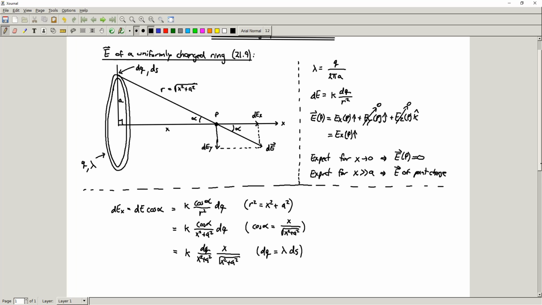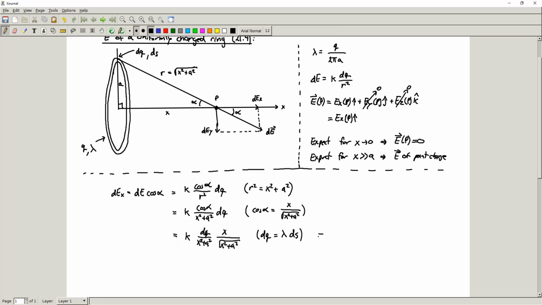Okay, so I'm going to rewrite one more time. Maybe I'll write it over here. This is going to be k lambda x over x squared plus a squared to the 3 over 2 ds. Okay, and so this is going to be the quantity that we want to integrate around the whole circle.